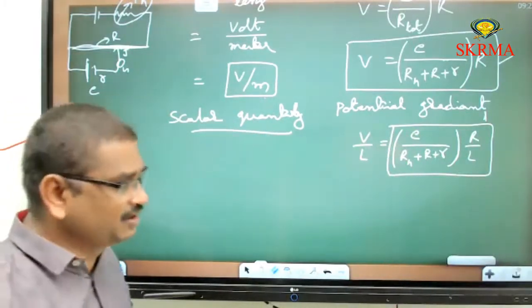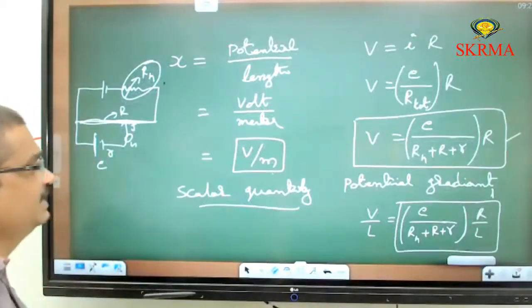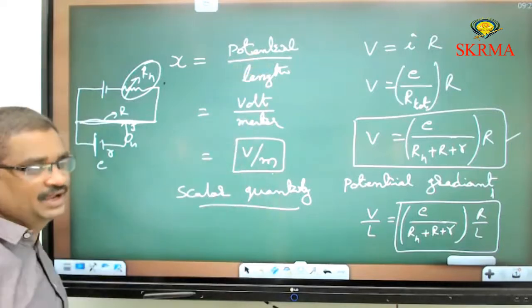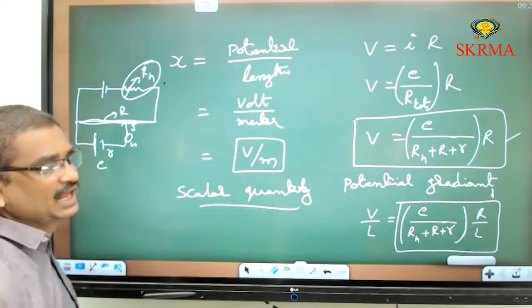So is this clear or not? Check it once again. What is the basic equation for potential gradient? Potential by length is the basic equation. Next, the SI unit is volt per meter. It is a scalar quantity.